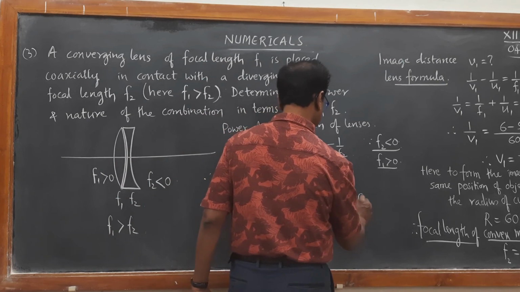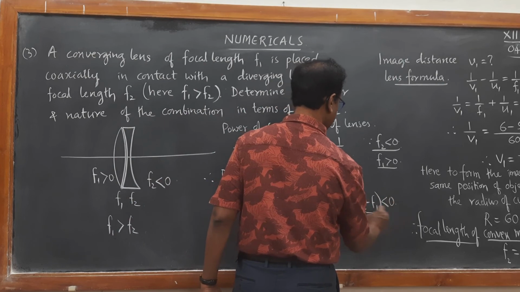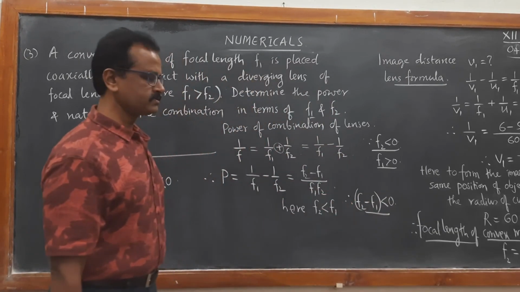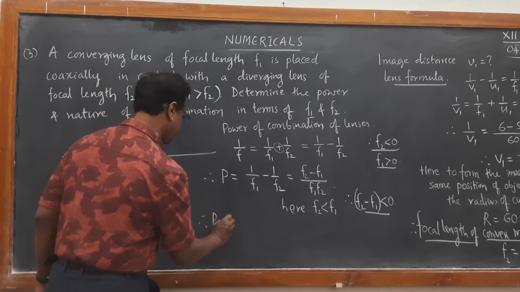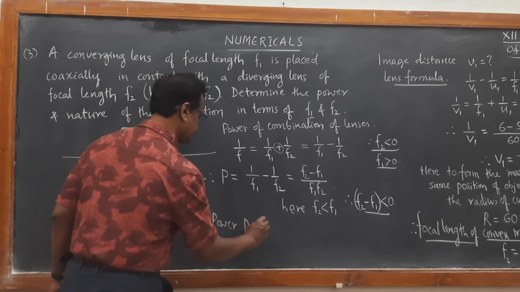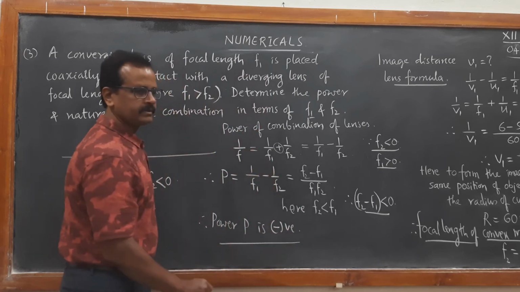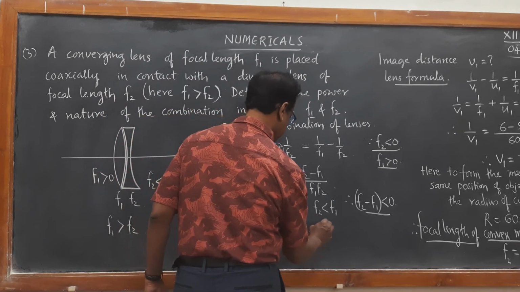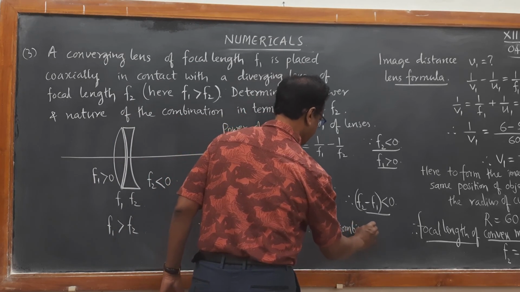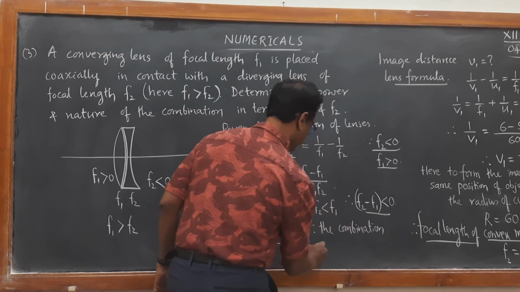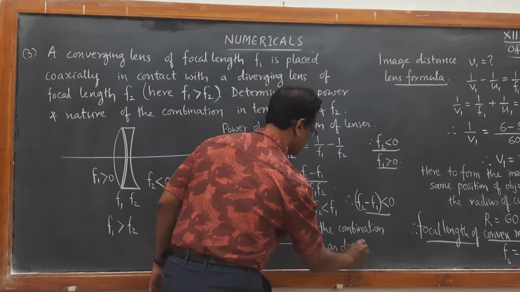Once f2 minus f1 is negative, the power P is negative. If the power P is negative, then the combination acts as a diverging lens.